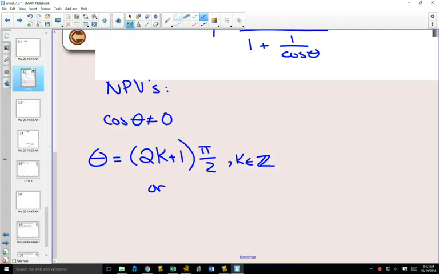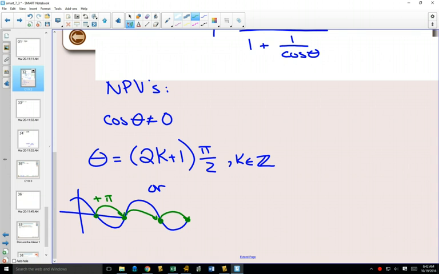Or, if we think about our cos graph, here's pi over 2, here's 3 pi over 2, here would be 5 pi over 2, here would be 7 pi over 2. How much is the jump in between these? It's only a difference of pi.